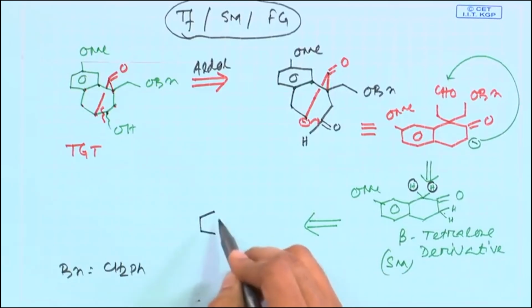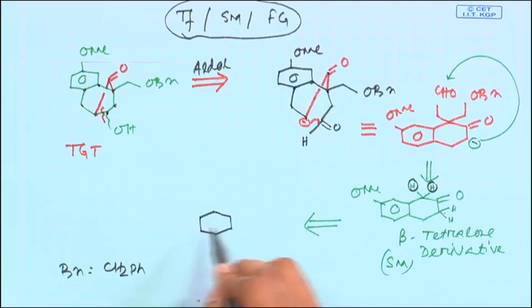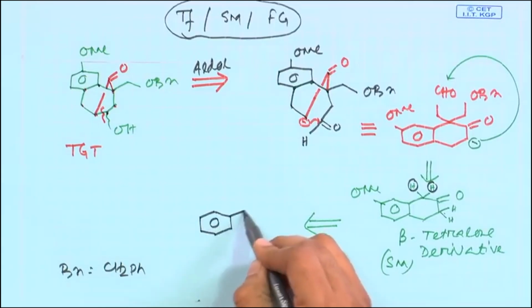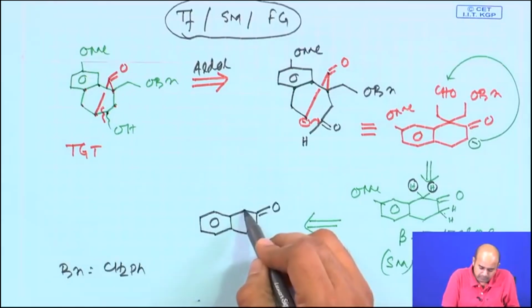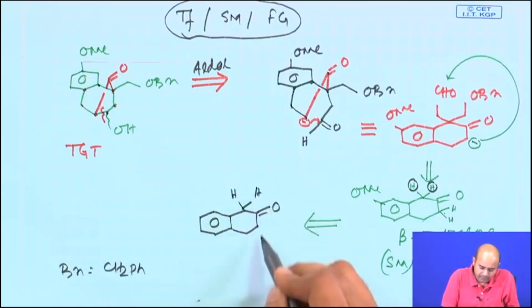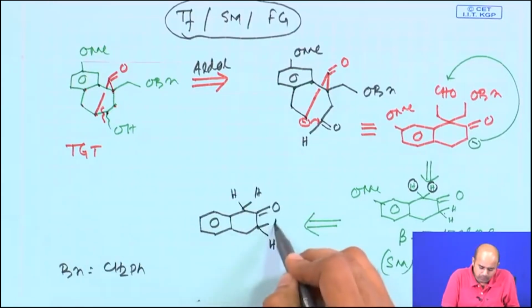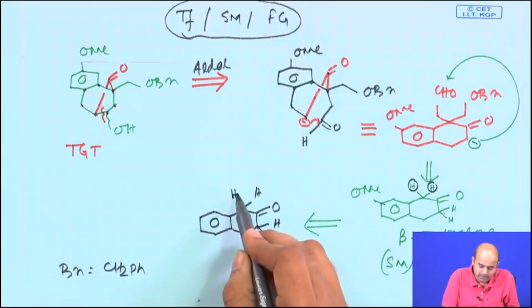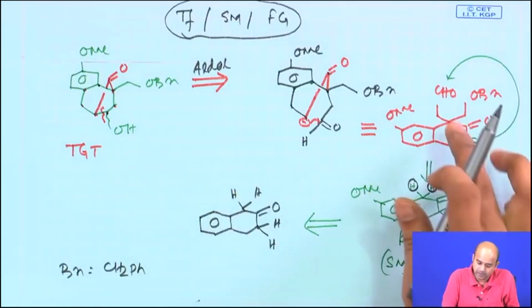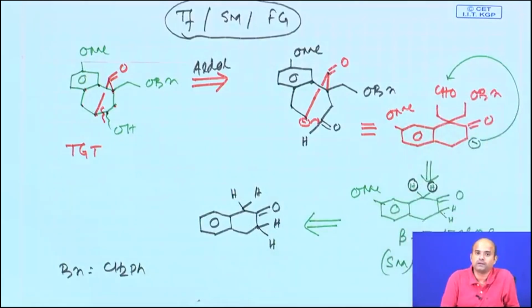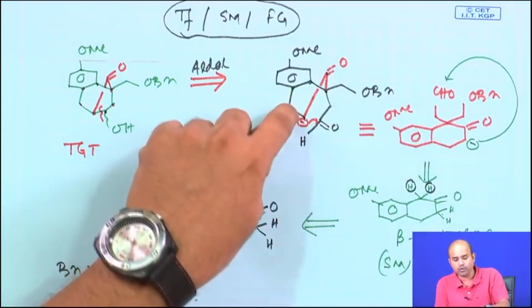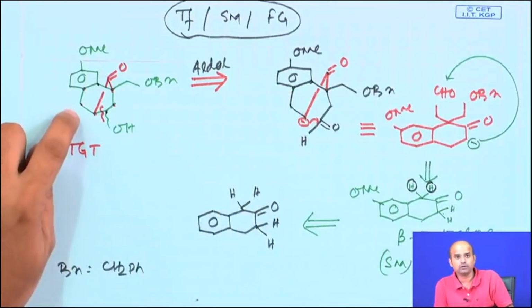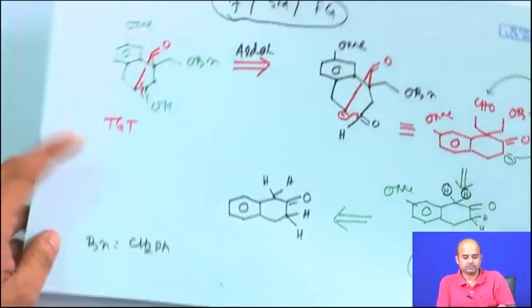So, you now realize that if you start with this compound, again we will draw the parent compound, and you replace both the hydrogens by some carbon containing electrophile, that will give you this target, which will then undergo intramolecular aldol reaction to give you the final target, is it not?